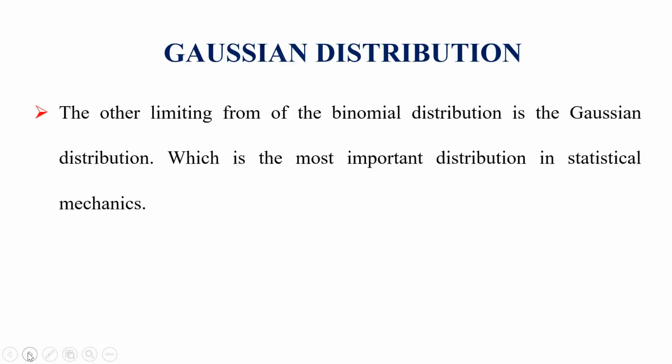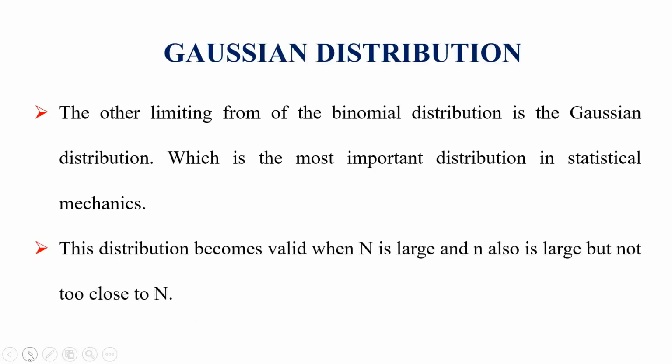The other limiting form of the binomial distribution is the Gaussian distribution, which is the most important distribution in statistical mechanics. Means the limiting form of the binomial distribution is the Gaussian distribution, a particular limit of the binomial distribution, which is the most important distribution in statistical physics.